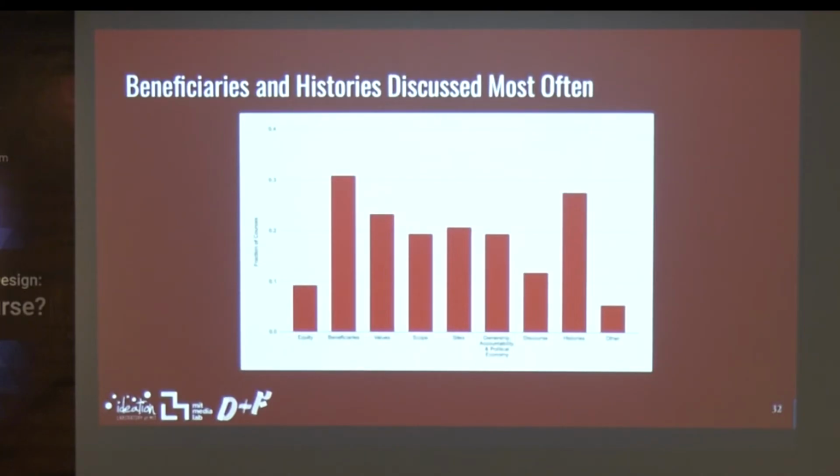You can see that beneficiaries and histories are the ones that came up the most often. Surprisingly, equity, which is related to who gets to do design, showed up the least. And we'll go into a more granular view of how this looks department by department.